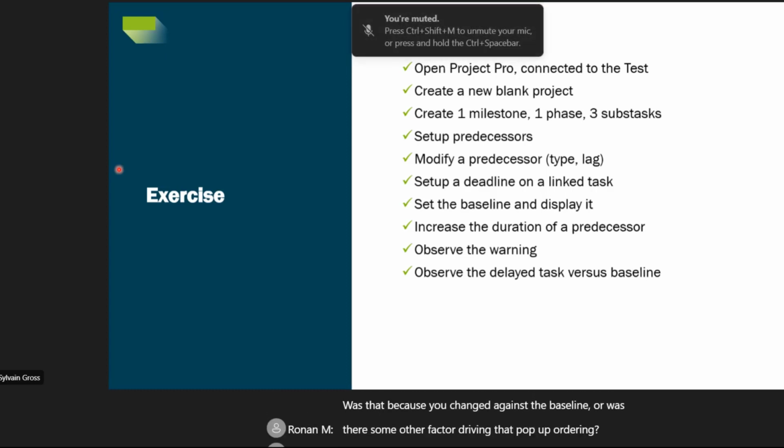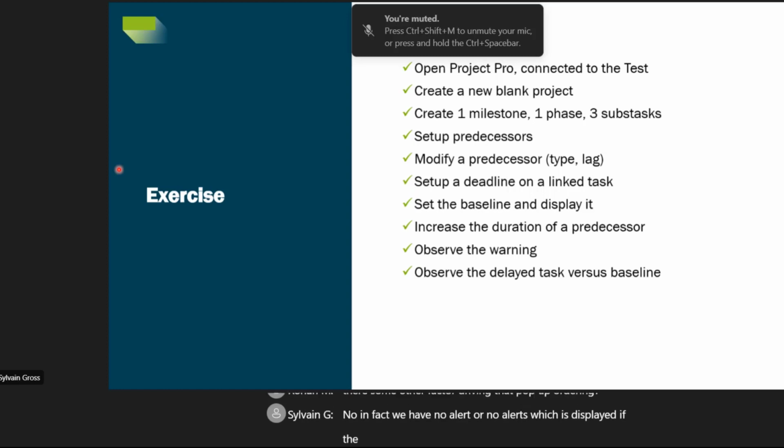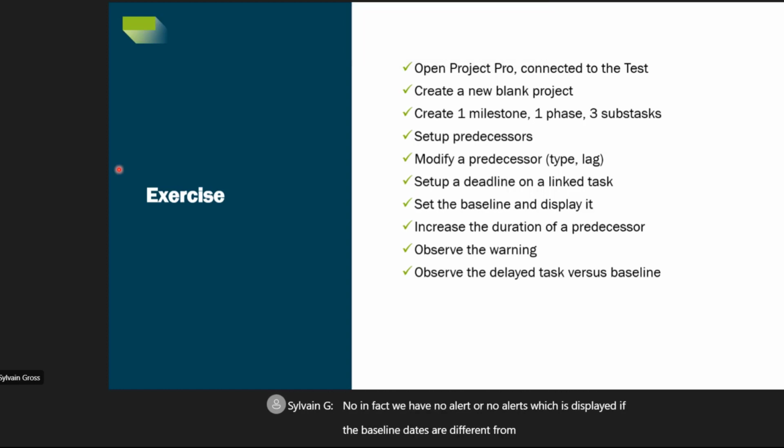No, in fact, we have no alert which is displayed if the baseline dates are different from the forecast. But I think it could be an improvement that we could put into the system, because we can use some kind of custom fields.